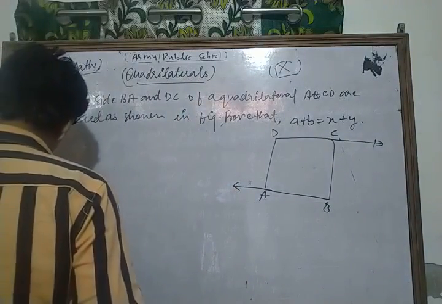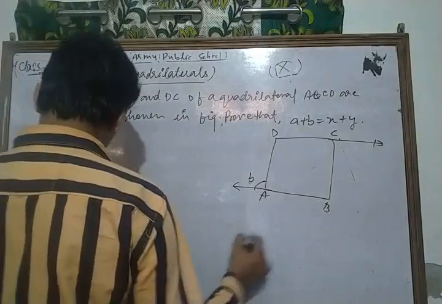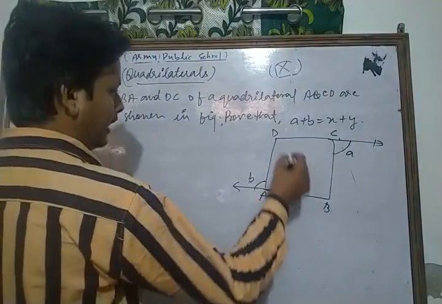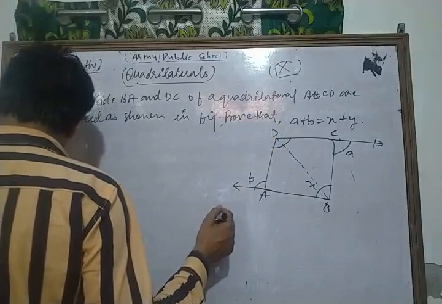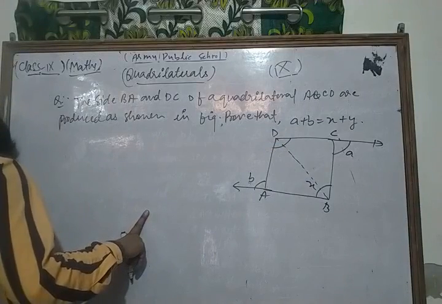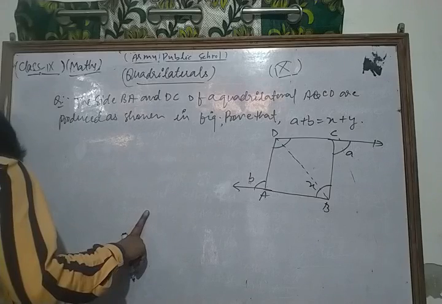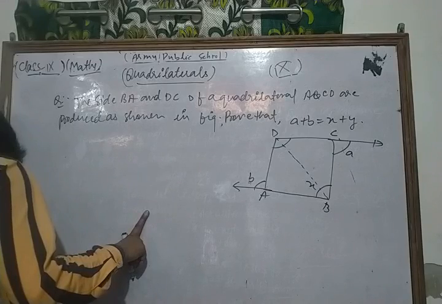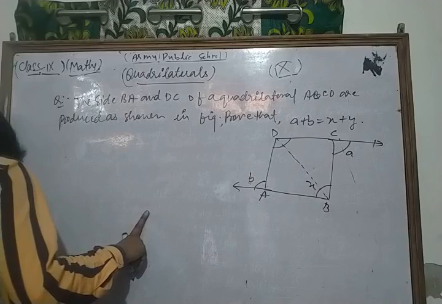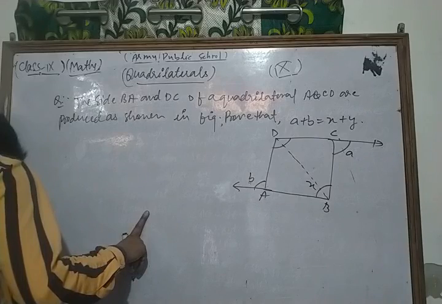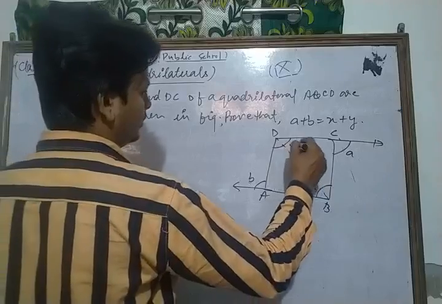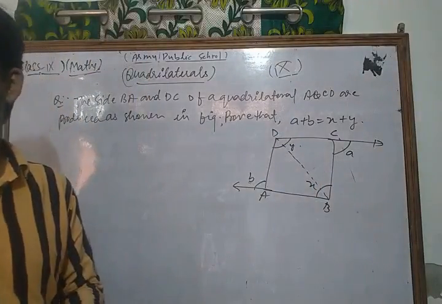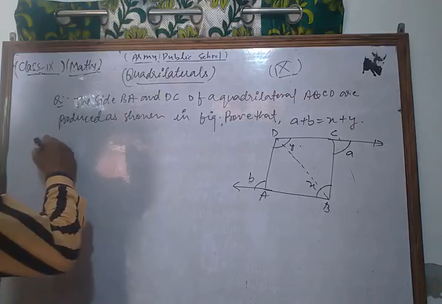This is B, this is angle A, and this is the diagonal, this whole angle is x, angle B, and that angle part, this is y, the whole angle. This is the question here.